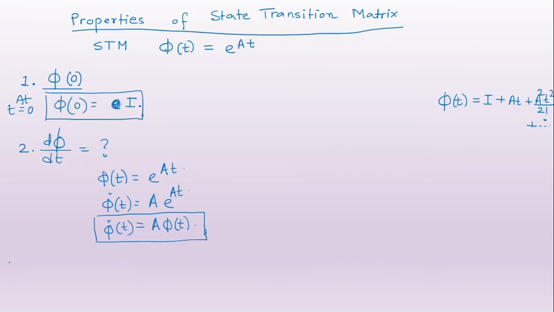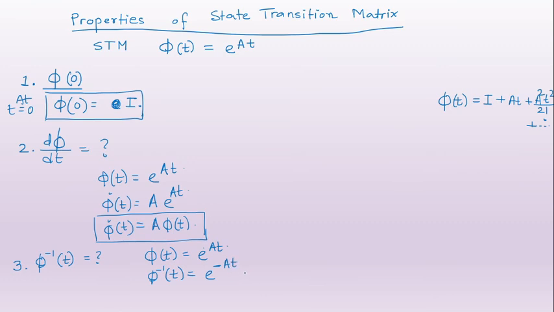Next, the third one. What is the inverse of phi t? Okay, let's do it. If phi t is e to the power A t, then phi inverse t will be e to the power minus A t.